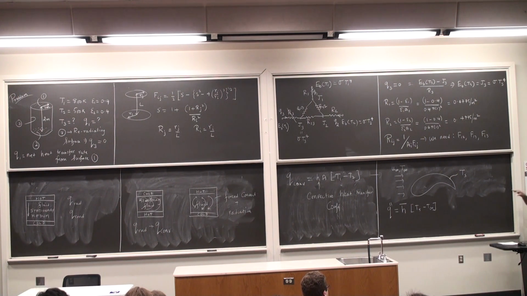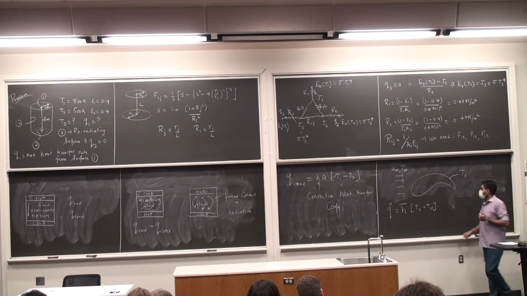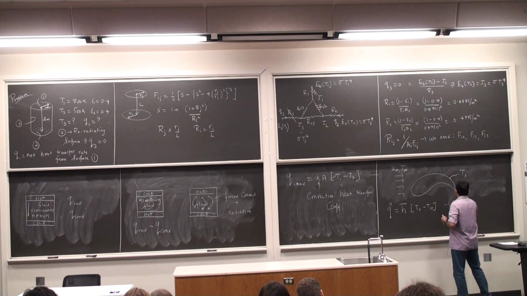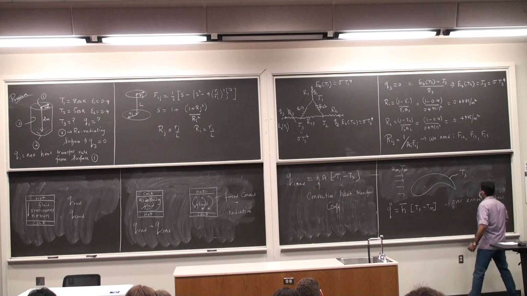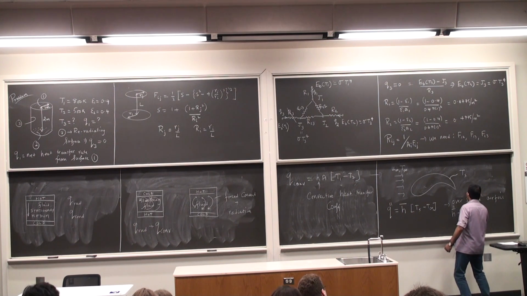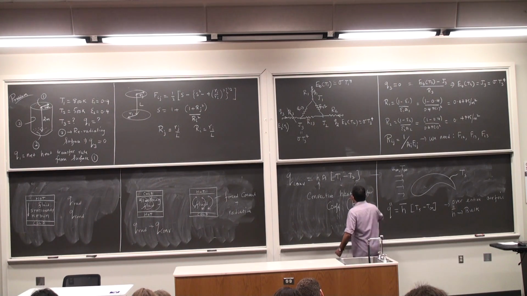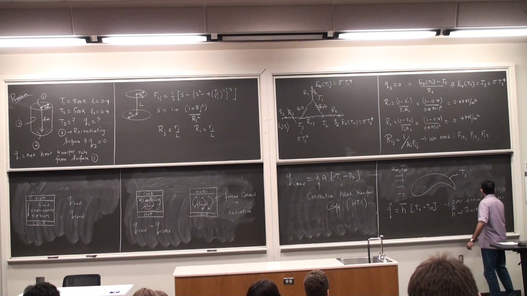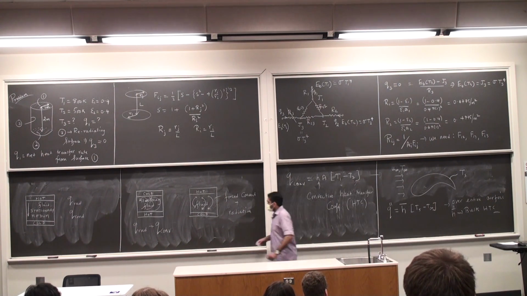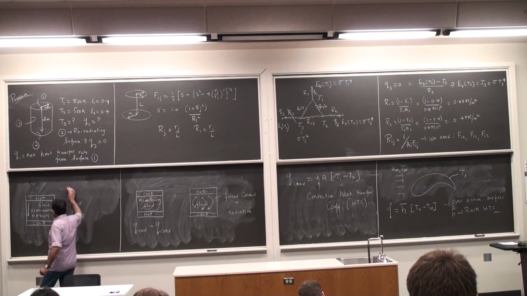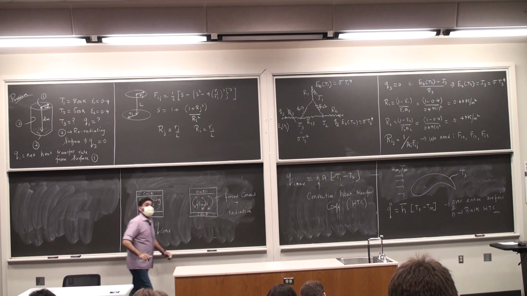In this case, h bar is going to be called the bulk heat transfer coefficient. So h bar, the bulk heat transfer coefficient, is HTC from now on. I can also do the following.